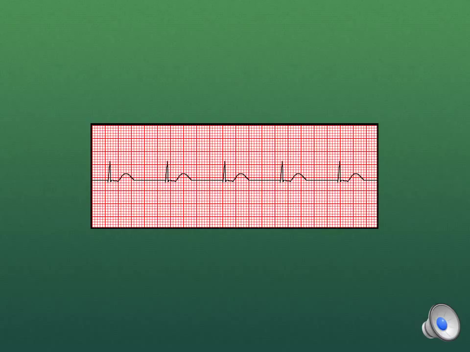We have no T-wave abnormalities or anything like that, and we do not have any P waves. So this tells us this is going to be an accelerated junctional rhythm. And we're right on that borderline. I'm having a hard time seeing it. If it's over 60 beats a minute, then we would call it an accelerated junctional. If it's under 60 beats a minute, that'd just be a junctional rhythm.